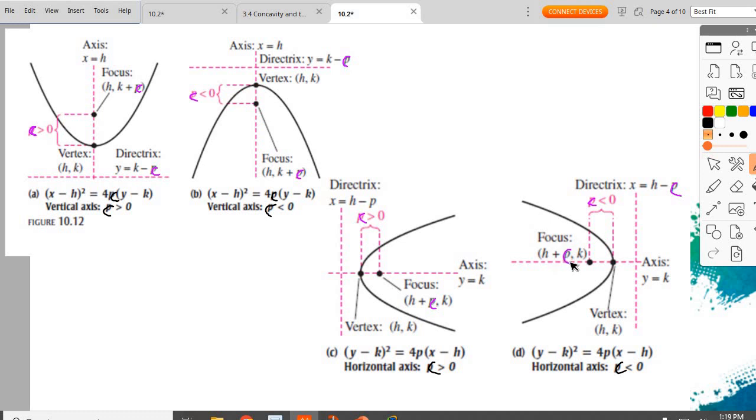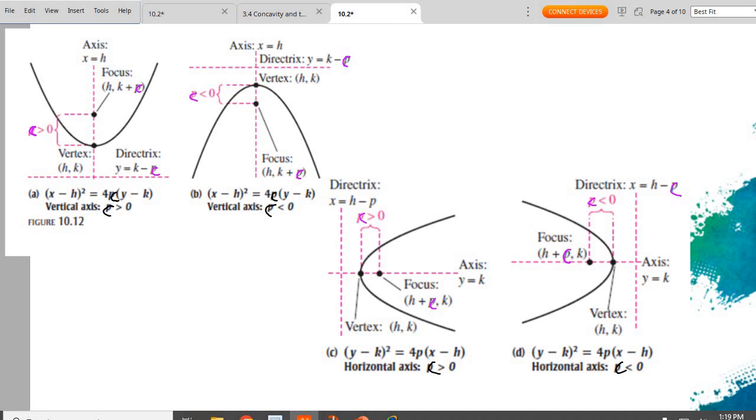But notice now, I'm adding and subtracting it from my x values instead of with our up and down, we added and subtracted that from our y value. Also notice that on our left and right one, your y is what's going to be squared.